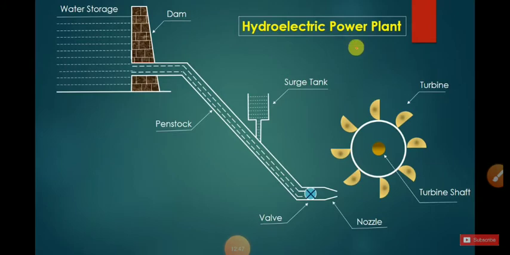Just see here in the animated video how this power plant is working. Already I have explained to you. Here everything is labeled. The water storage is there. Then the dam is made. How the water flow takes place. Then the penstock is there, and here the nozzle is there. Valves are there.